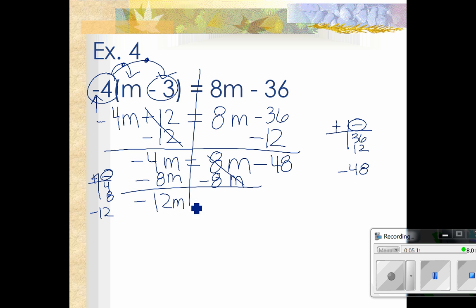Negative 12m equals negative 48. Don't forget about the symbol that's in front of the number. Divide both sides by negative 12. And m equals positive 4.